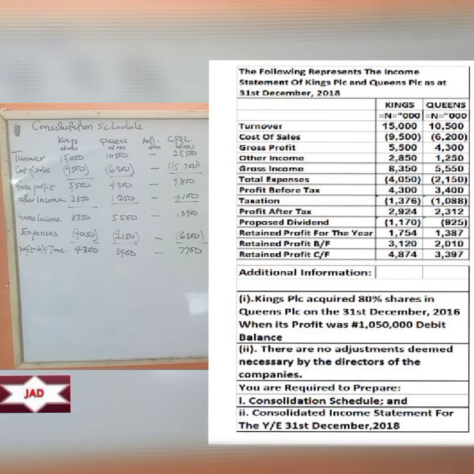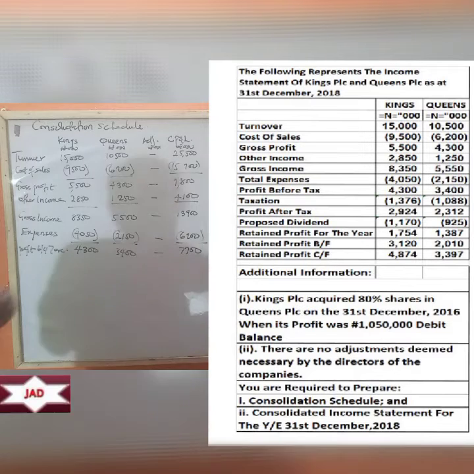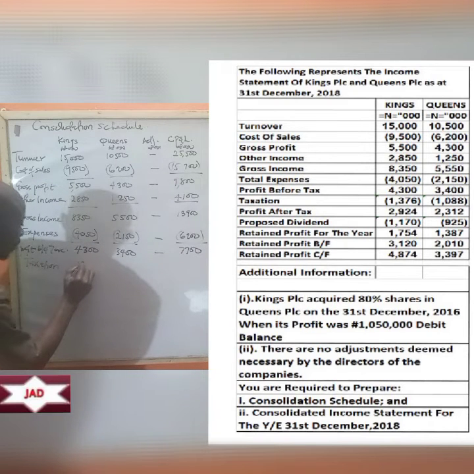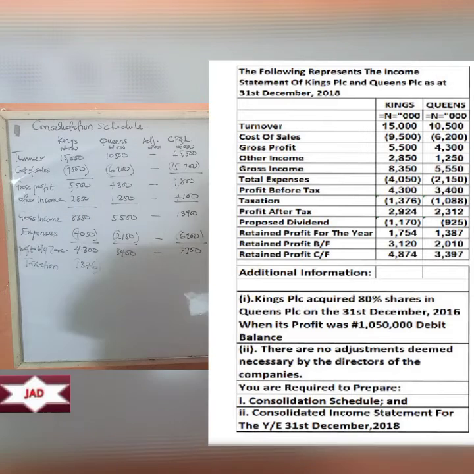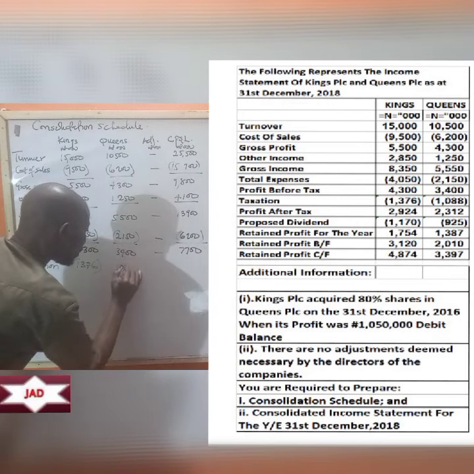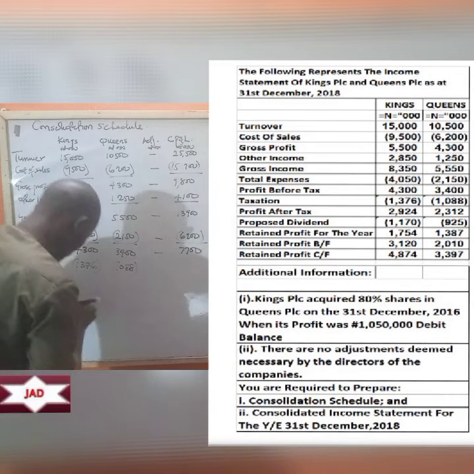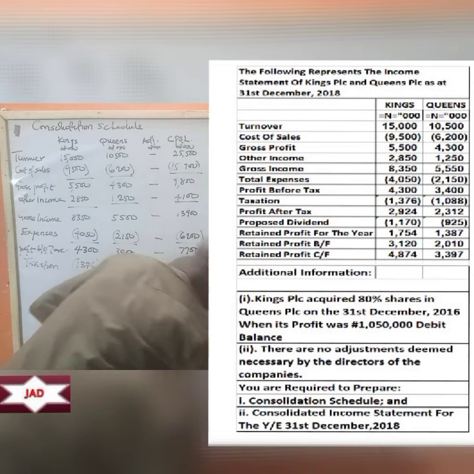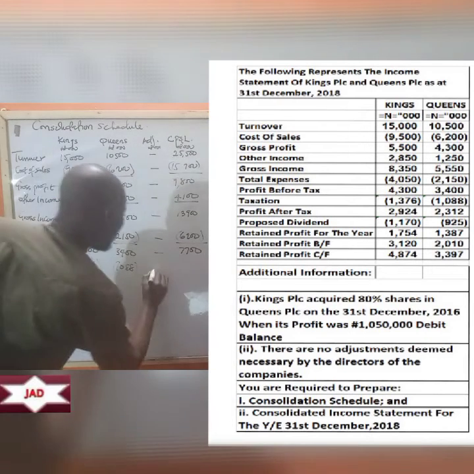Then we have taxation there to be 1,376. This one here is 1,088. No adjustment.